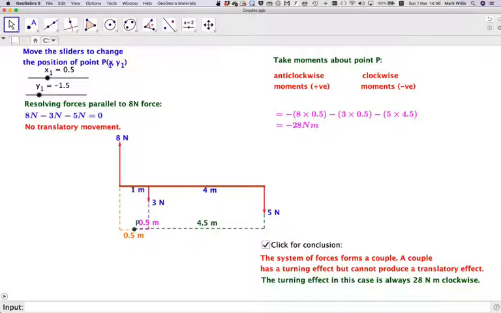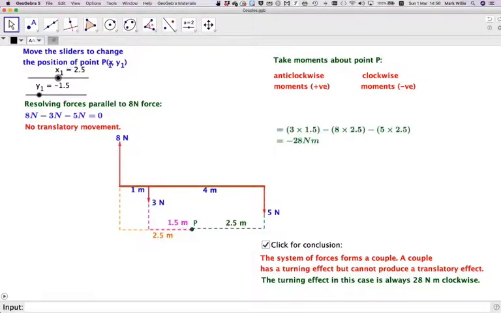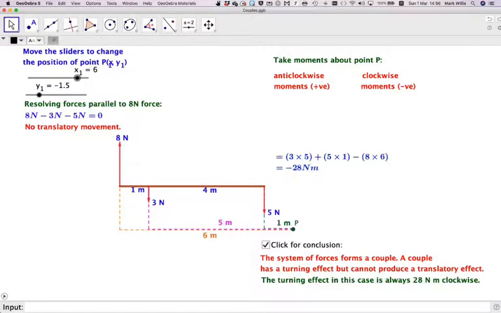If I then move it, I can have it actually on a point, okay, still going to get minus 28, and then if I move it in here, okay, so if that's now the point, this one will be clockwise, this one will be anti-clockwise, that's why it's 3 times 1.5, and this one will be clockwise, so it's 5 times minus 2.5. Okay, and then I can also move it out over here as well.